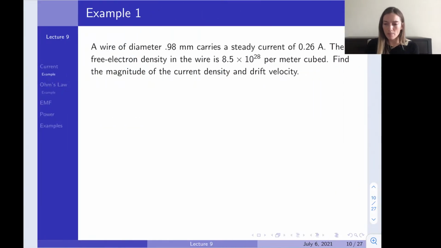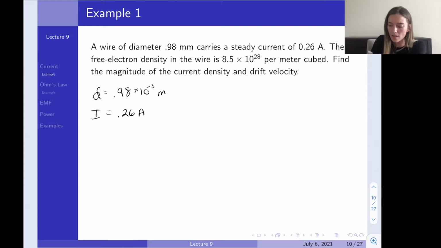Now let's just do an example with this. So we have a wire of diameter 0.98 millimeters. So let's write that down in our standard units. So the diameter is 0.98 times 10 to the negative 3 meters. And it carries a steady current of 0.26 amps.